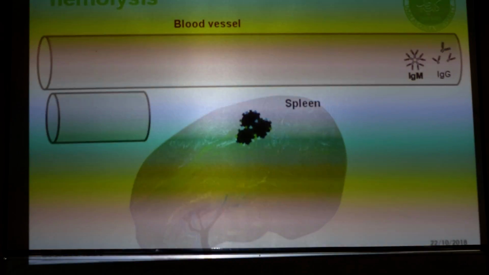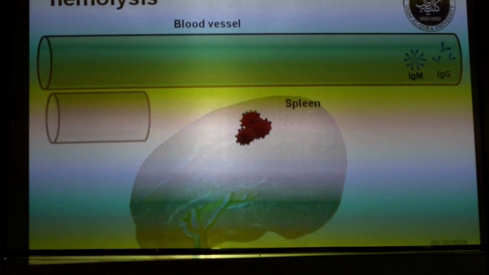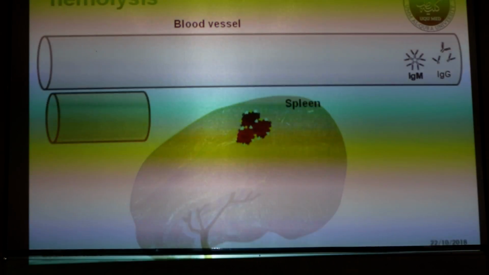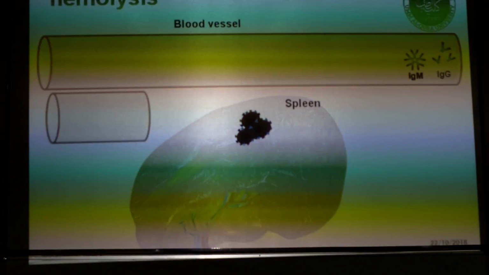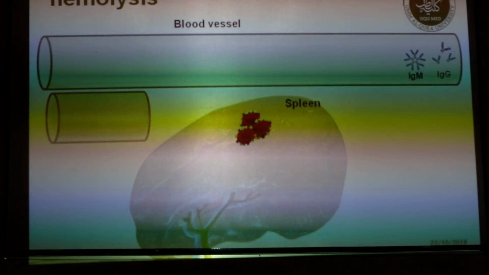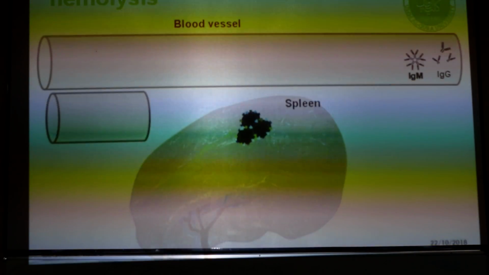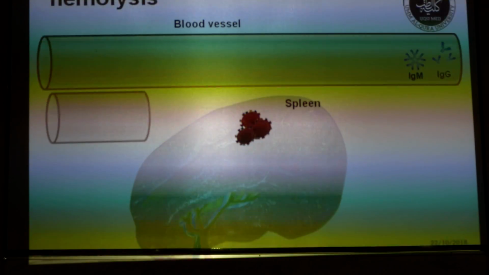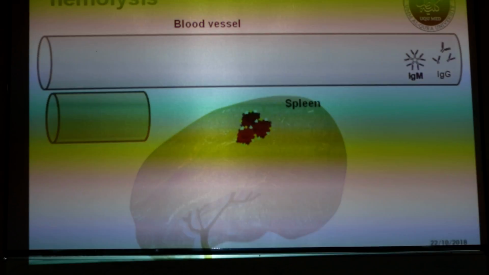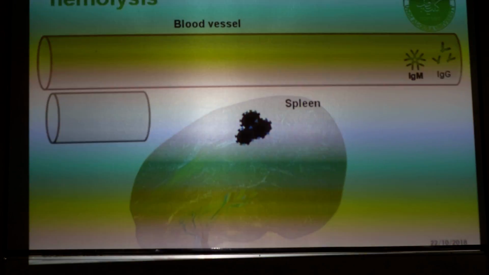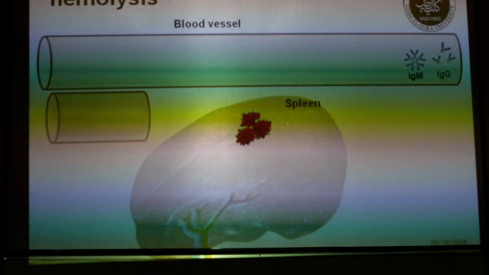Now we'll see the clinical consequence of this. There are two types of hemolysis that take place: intravascular hemolysis and extravascular hemolysis. Intravascular hemolysis, one of the important examples that we know is ABO incompatibility.